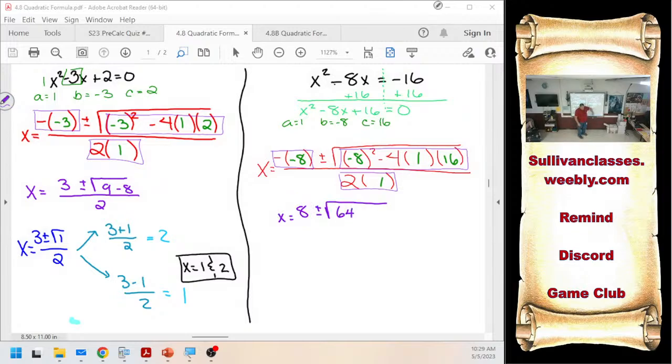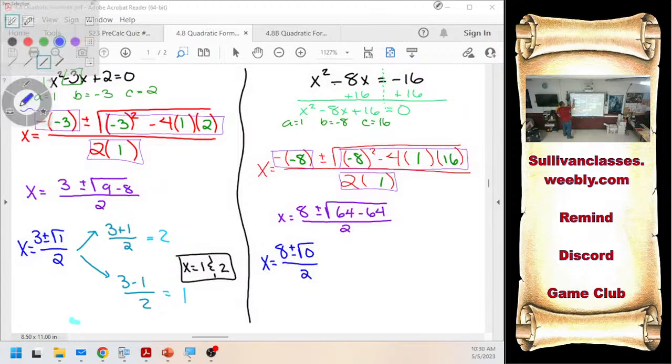4 by 1 by 16. So it says minus 64. Well, 64 minus 64, that's one of the easiest math problems we've ever done. So x is 8 plus or minus the square root of 0 over 2. What is the square root of 0?